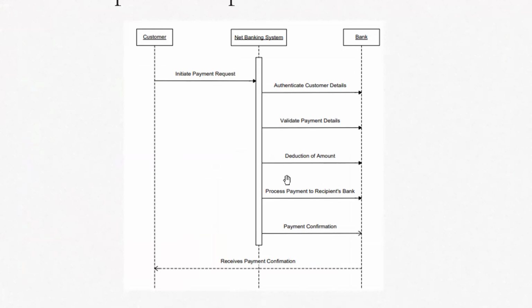We also represent the activation time of the actor or object in the system. Here, if you observe, we have the objects as well as the actors. This customer is an actor and these are the objects.